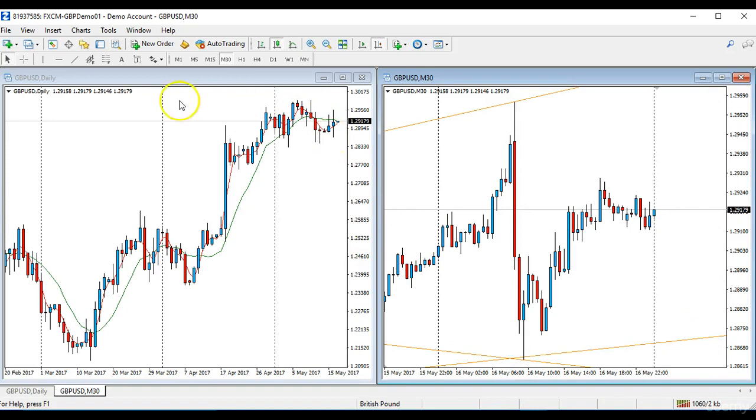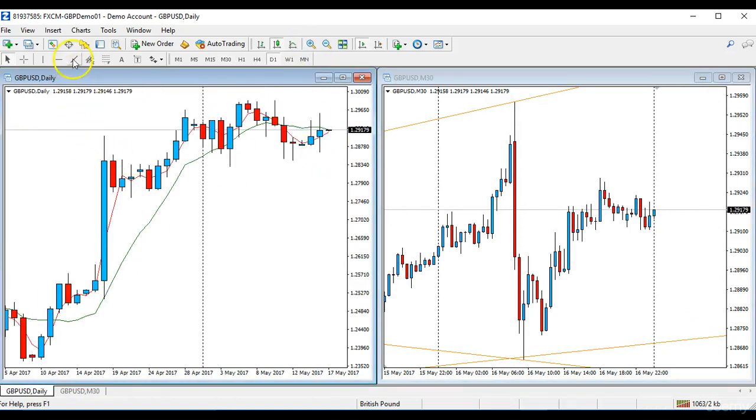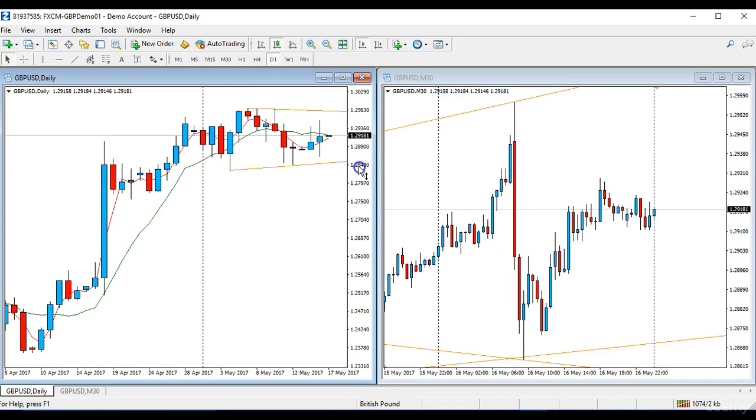So what we can see is, if I start drawing some lines here on the daily chart, I can see that price is actually moving sideways, and there isn't really momentum because price is crossing over.